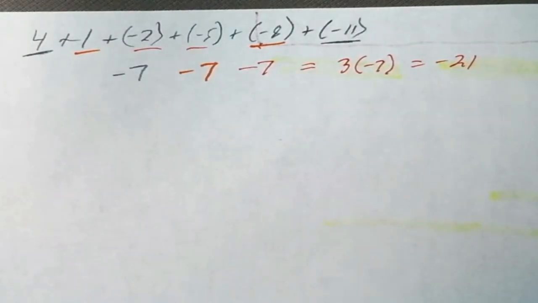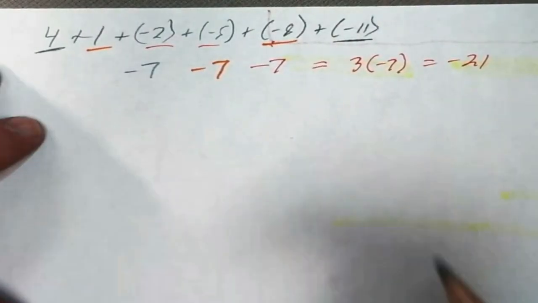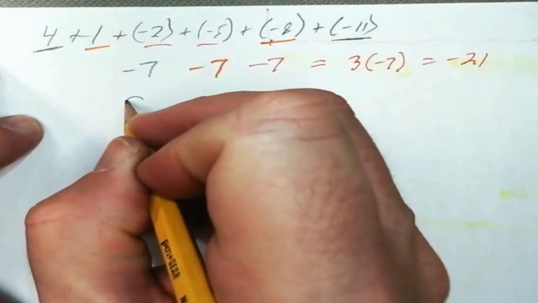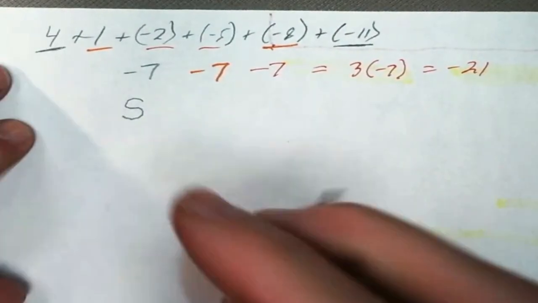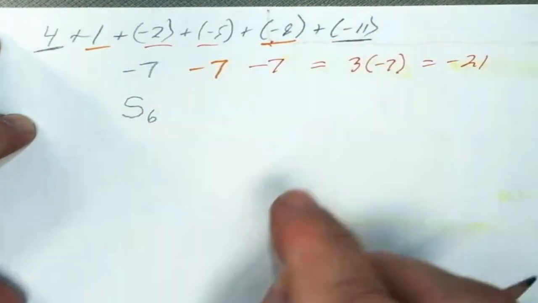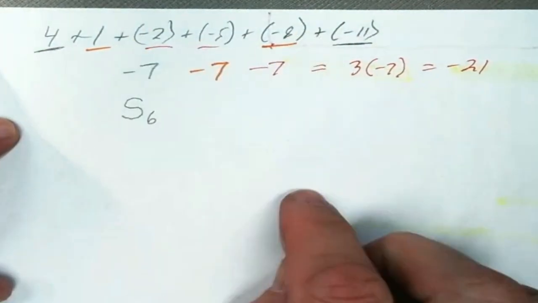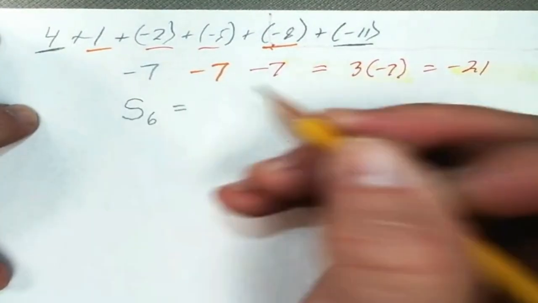Now, how can we derive a formula from this? So we have a series. Now, by the way, with a series, we don't use A, we use S because we're getting the sum. We're adding them up. The sum of these 6 terms. This is a 6-term series. So the sum of those 6 equaled what?